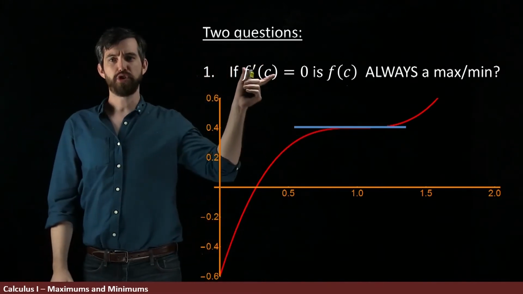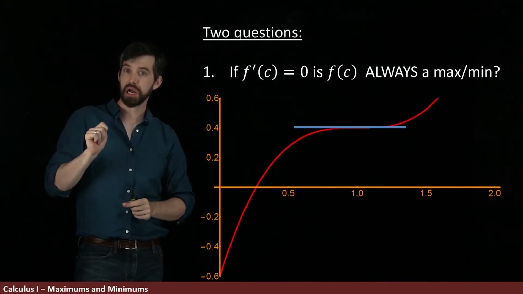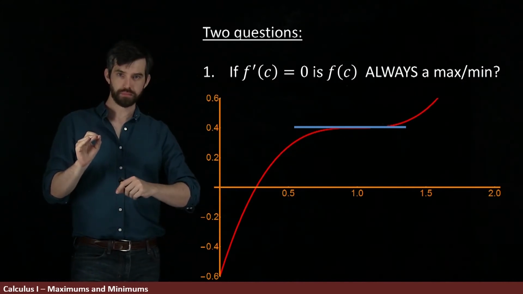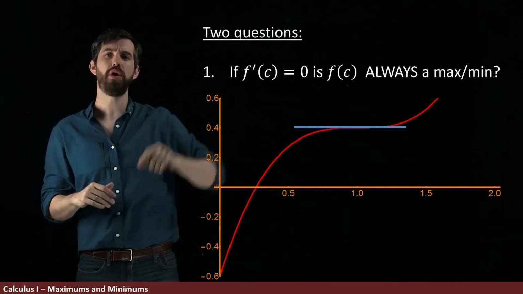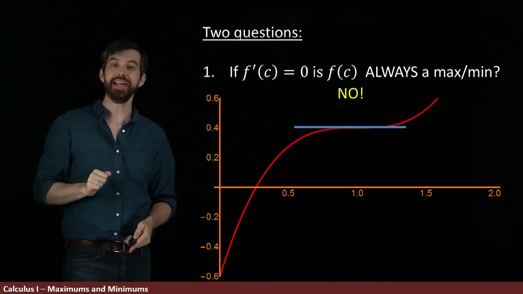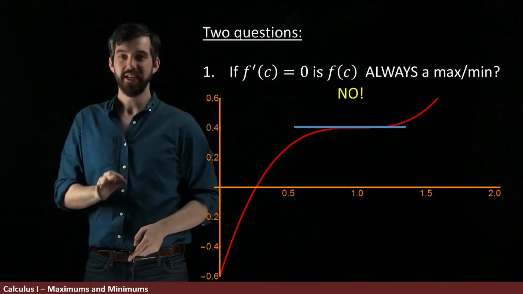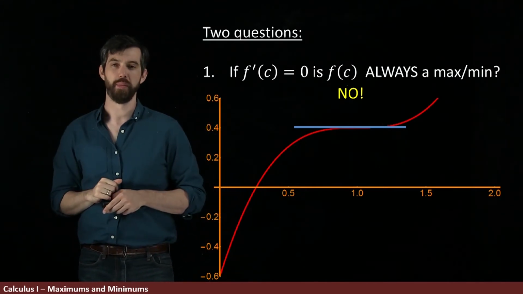In other words, the derivative is equal to 0, and yet that's not a maximum or a minimum. It's the sort of halfway point where it flattens out, but then carries on going up. So the answer to the question is no, indeed it is the case that sometimes the derivative can be 0, but it is not a maximum or a minimum.